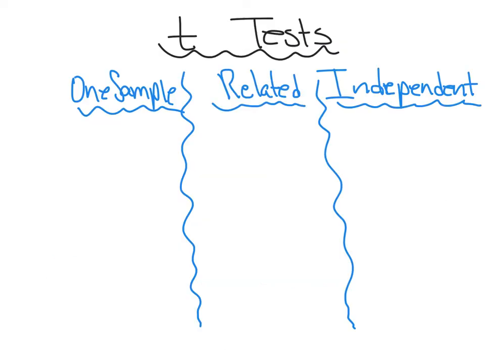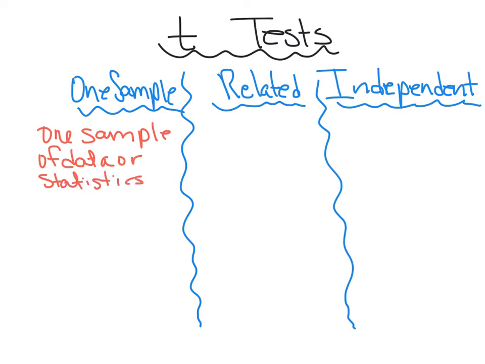The analyses that you want to be able to distinguish between are the three different t-tests. The one sample t versus the related t versus the independent t. So with the one sample t-test, just like it says, you're going to have one sample of data or statistics for the one sample.